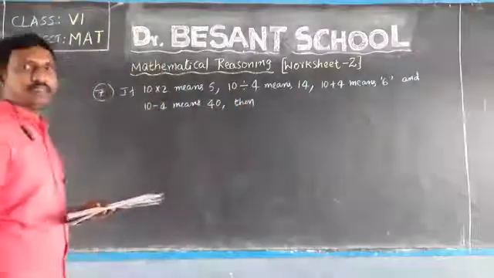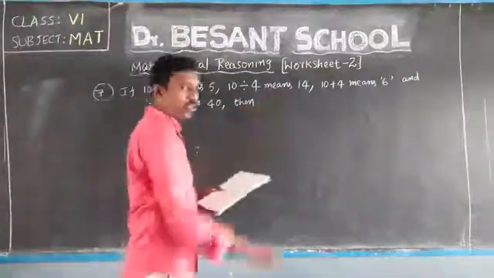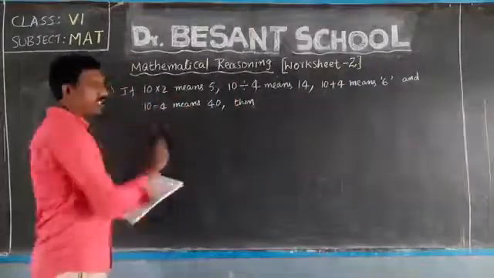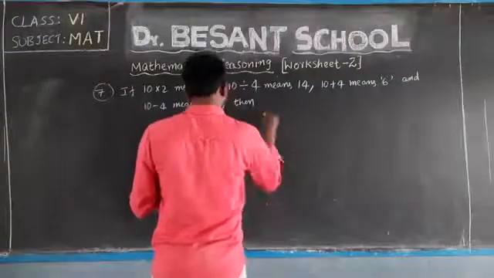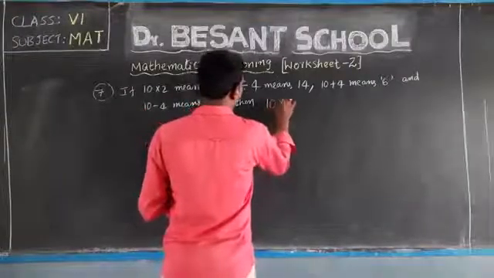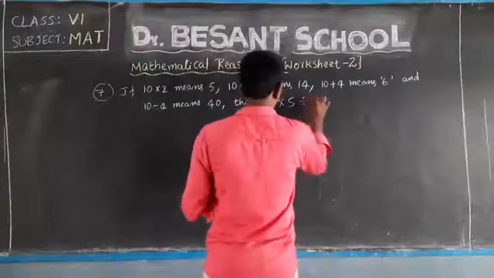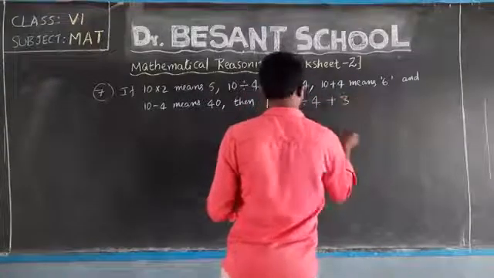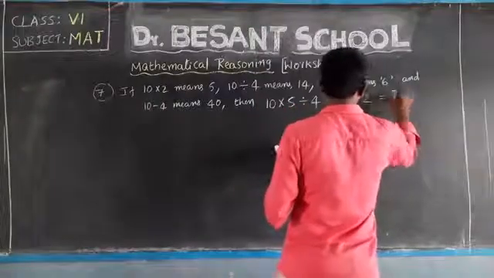So some conditions are given here. Then we have to find out: 10 into 5 divided by 4 plus 3 minus 2 is equal to question mark.